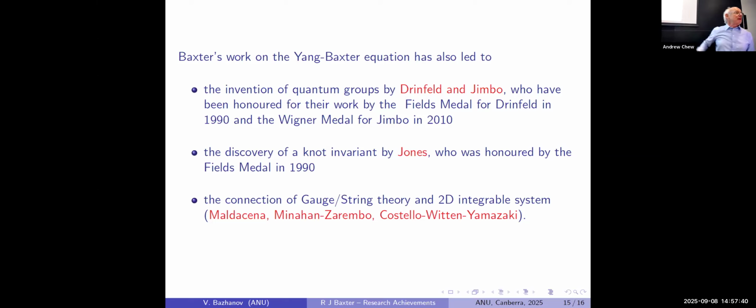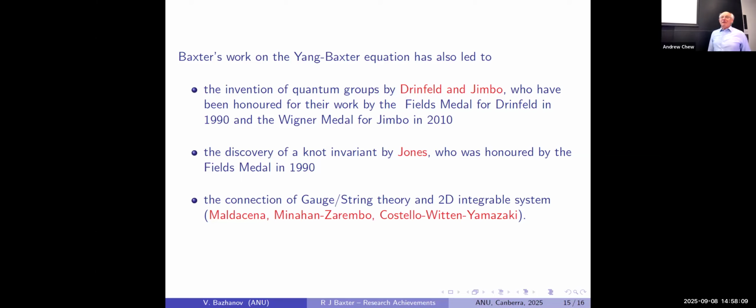There are a couple of things which I didn't mention: Baxter's work on the Yang-Baxter equation led to the invention of quantum groups. It's quite a significant event in mathematics, for which Drinfeld was honored with a Fields Medal and the Wigner Medal.